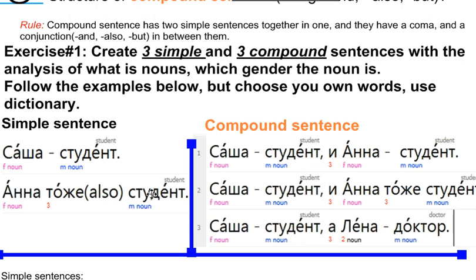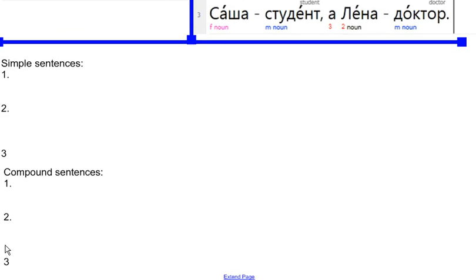We take any word from the word list, from the Quizlet, or from the dictionary, any word that you would like. You can write about yourself, about your parents, or just make it up. But please practice. Write 3 simple sentences and 3 compound sentences. So I can give you just an example of each one.